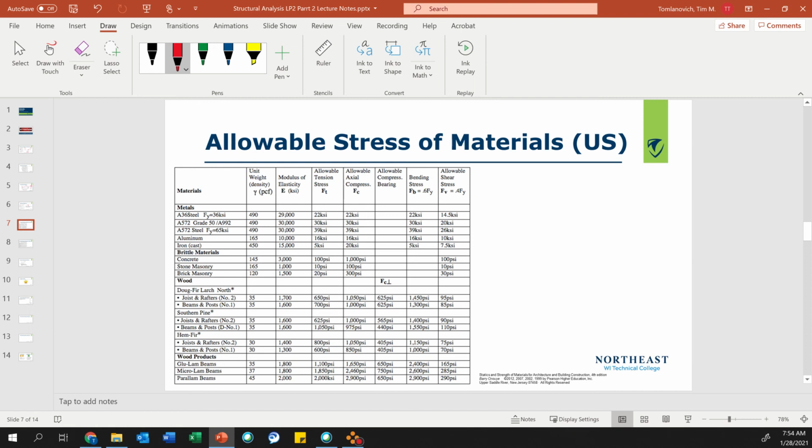However, if you look at wood, the allowable tensile stress of Douglas fir larch north is 650 pounds per square inch. However, the compressive stress is 1,000 pounds per square inch, because that's the way trees grow.